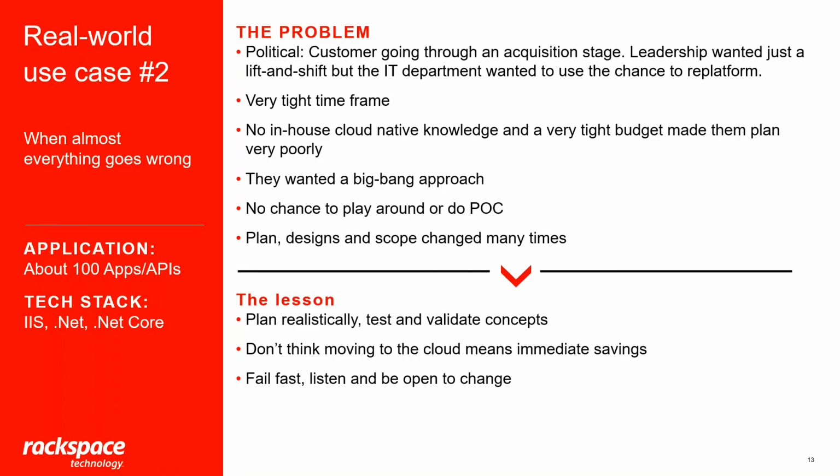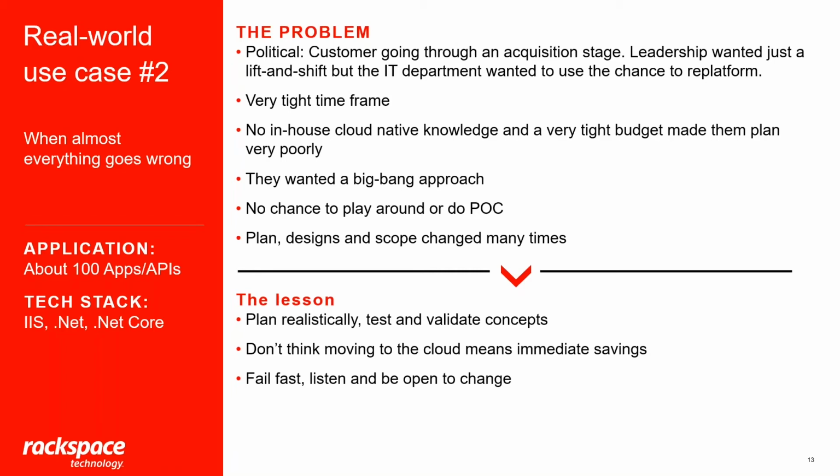And the IT organization said, no, we want a proper modern approach with containers. Somewhere in between, the communication broke down. And with a very tight budget, suddenly they realized they couldn't do it, and they had to go back. An interim solution had to be found.